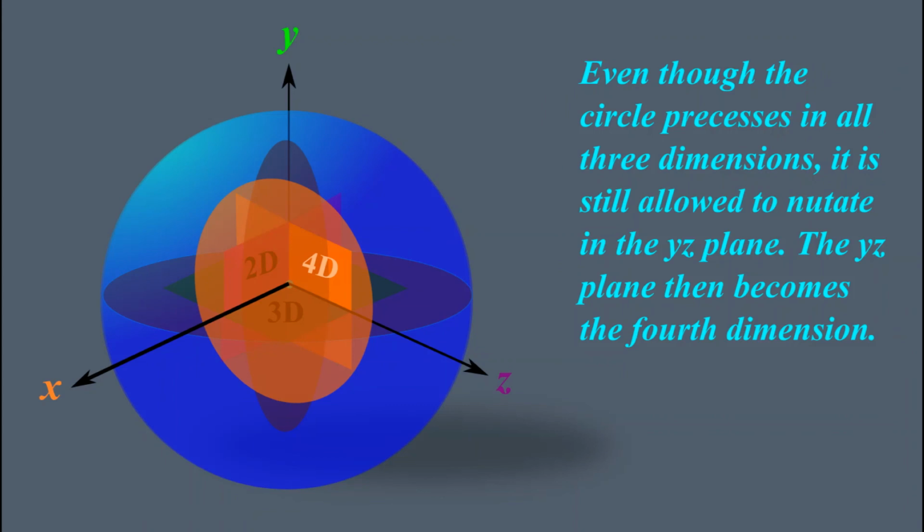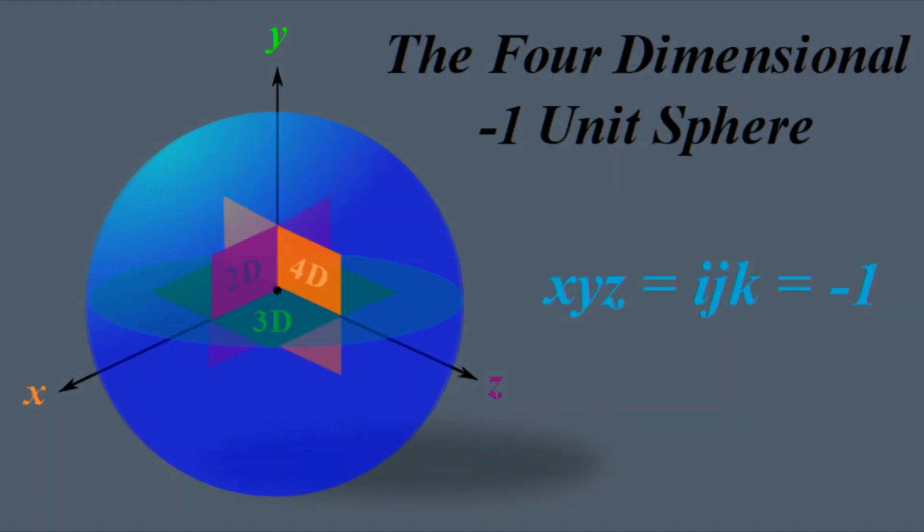Thus, quaternions occupy a four-dimensional space and are therefore four-dimensional. The four-dimensionality of quaternions is represented by the plus or minus 1 unit spheres. A four-dimensional unit sphere consists of a sphere occupying the three dimensions of volume, which is equivalent to XYZ, which is equivalent to IJK, which equals -1, plus a point center origin that occupies the fourth dimension.